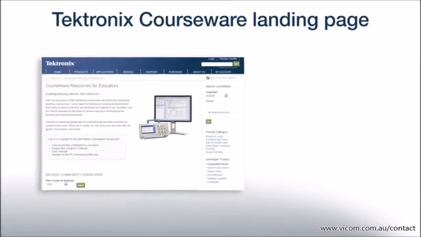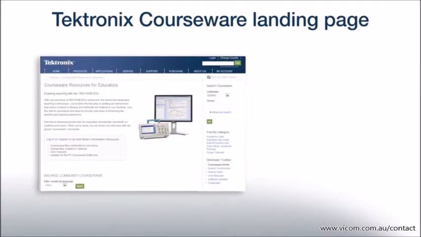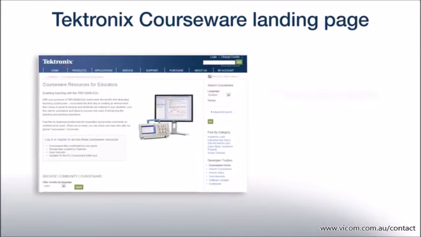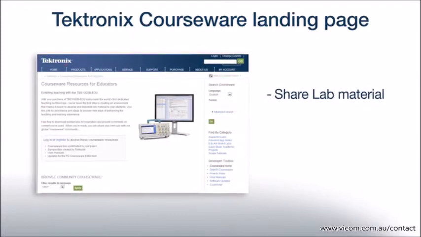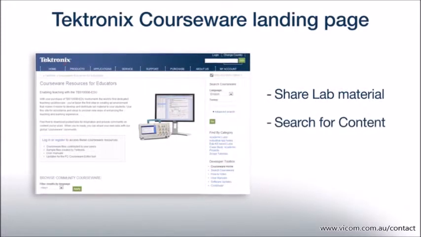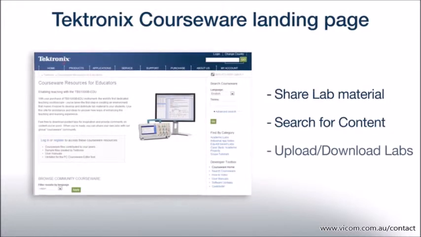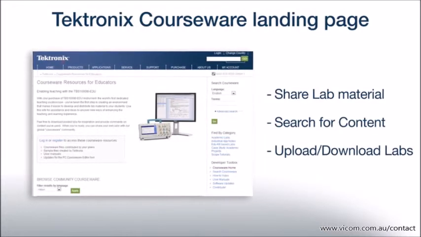Tektronix has also created a Courseware landing page and repository to facilitate the sharing of lab materials and ideas. You can search for specific material, and content can be easily uploaded to or downloaded from the site.